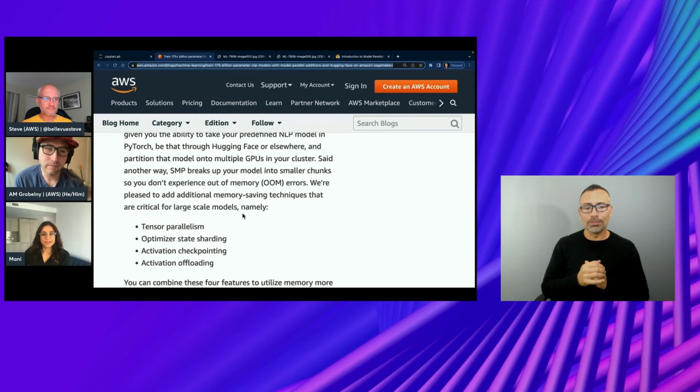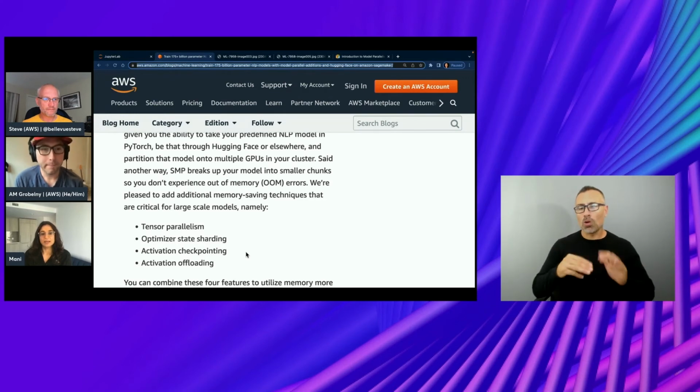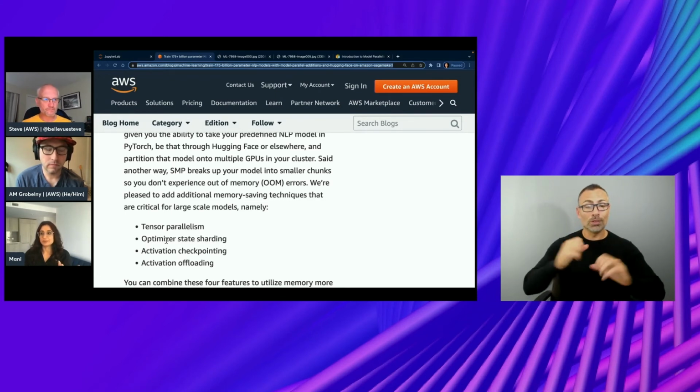Okay, so I'll go through the notebook and we can see how we can enable these parameters when we are running our distributed model parallel training job. But just to give an overview, when we are training a deep learning model, there is an optimizer involved, right?